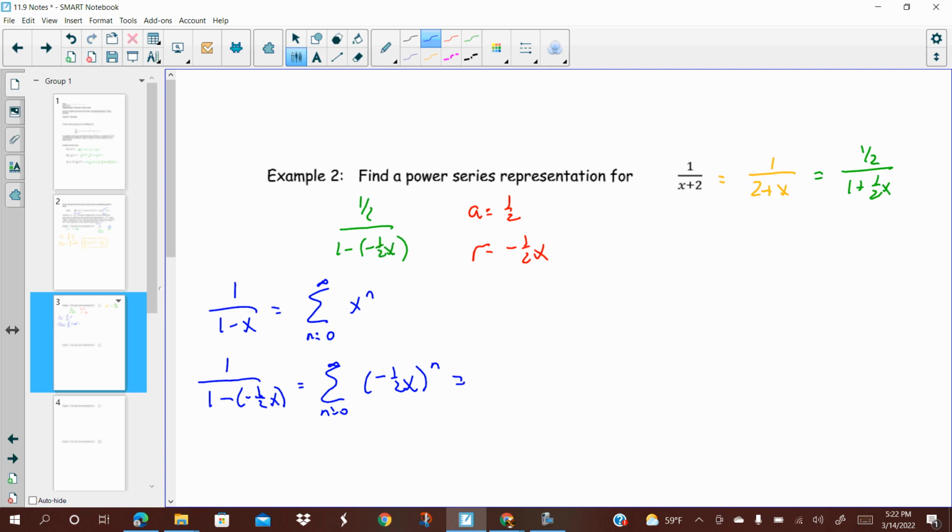Again, because we're going to do a little bit more with this one, I'm going to simplify it a little bit. I'm going to go ahead and distribute the n to everything. I'm going to distribute it to the negative sign because there's going to be an alternating term. I'm going to distribute it to the 1/2, and I'm going to distribute it to the x. So that's going to be the same thing as the sum of negative 1 to the n.